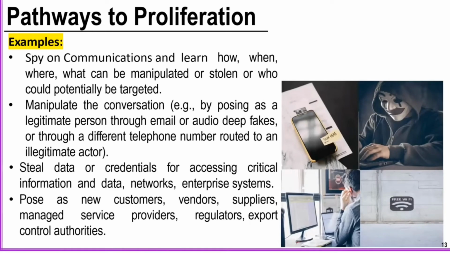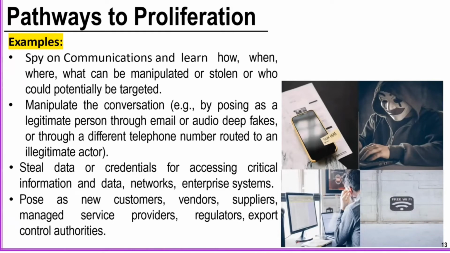Now we will see some examples about the pathways to proliferation. One pathway which could be used by the agents of proliferators is spying on communications to learn how, when, where, what can be manipulated or stolen, or who could potentially be targeted.